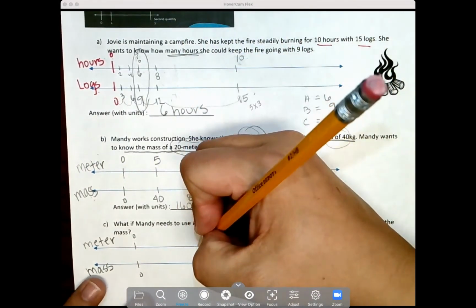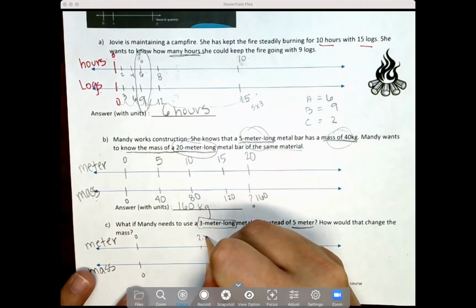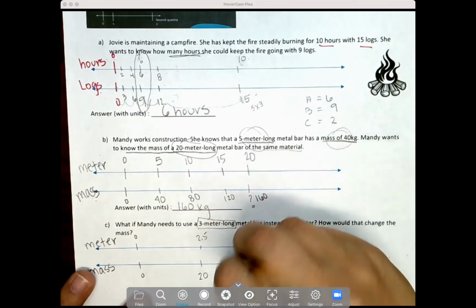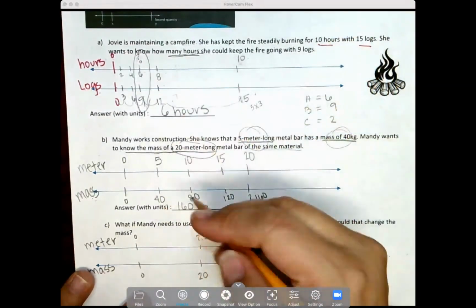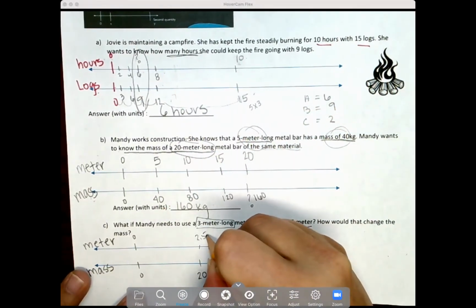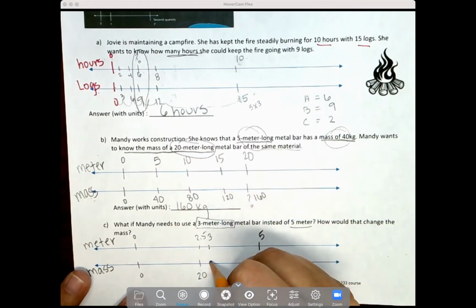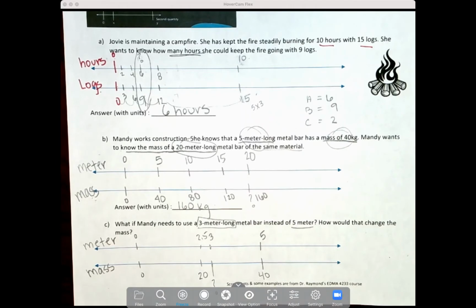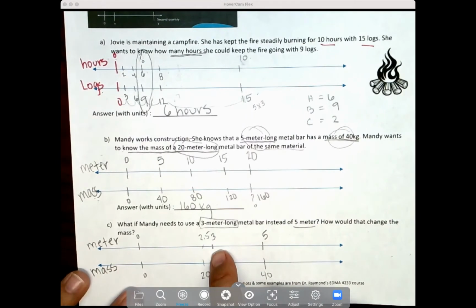Well, I could half this and say 2.5, and this would be 20. Oh, I didn't make my markers. Sorry. Hold on. I need to know 3 in her question mark. Sorry. All right. So I could half it and I would get to 2.5, and that would be 20.